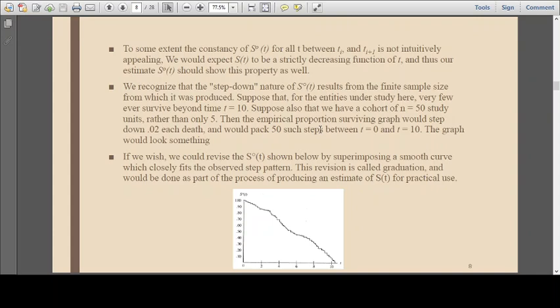If we wish, we could revise S naught(t), and you can see it as shown in the graph below. It is smoother in comparison to the earlier graph.